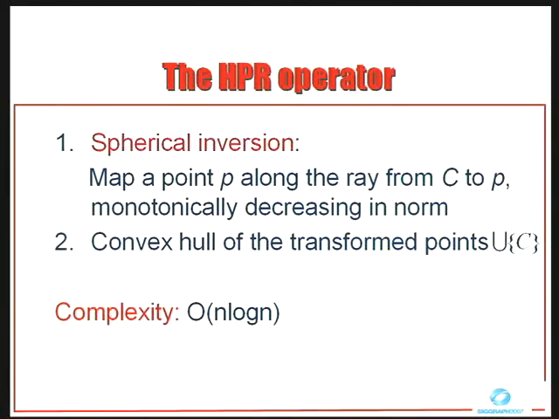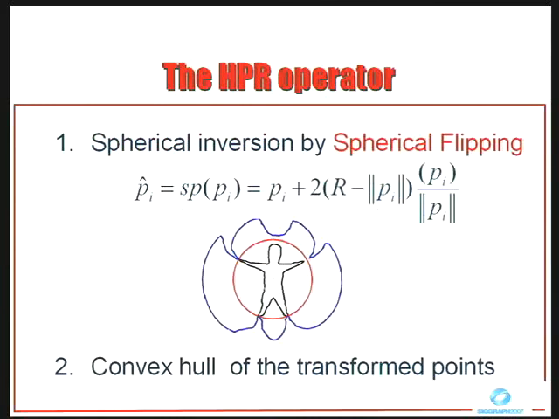So let's focus now on spherical inversion, which is the only step that requires some explanation. There are various ways to perform spherical inversions, and in fact, in the paper, we mention a couple of families of inversions. But today, I'm going to discuss only one such family, for which we ran our experiments and for which we proved our theorems.